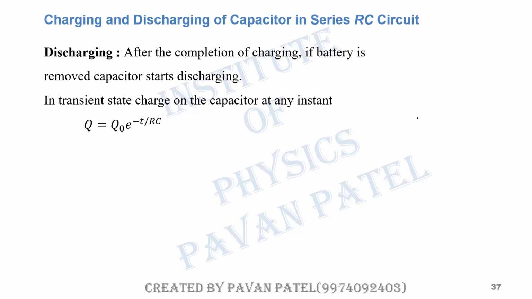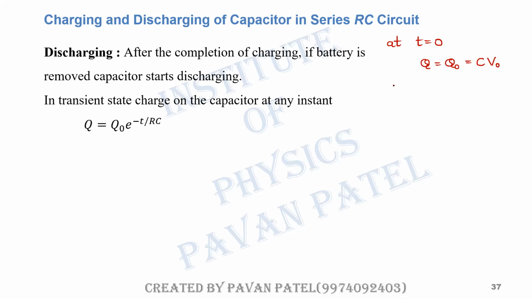It is very easy to prove this, because during the discharging process at t = 0, the capacitor is fully charged, and if we remove the battery and connect the series circuit with the resistance, the charge will decrease between the two plates of the capacitor. At t = 0, the charge on the capacitor is Q0, and that was CV0.